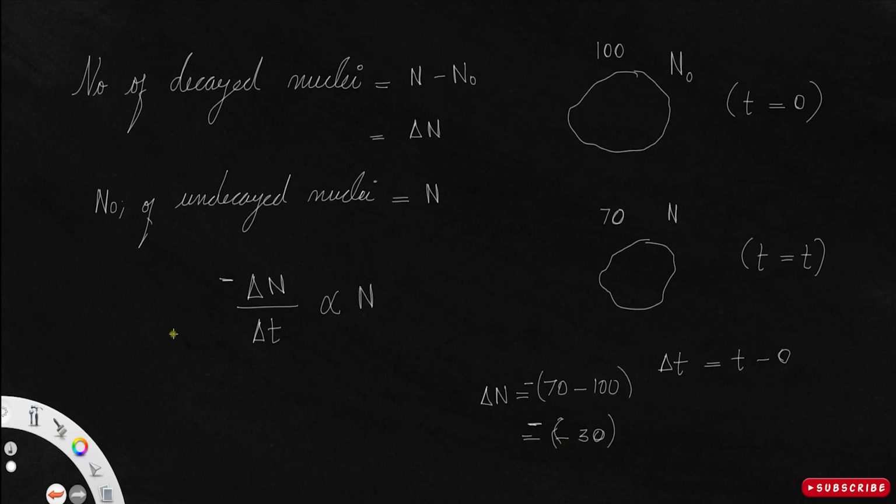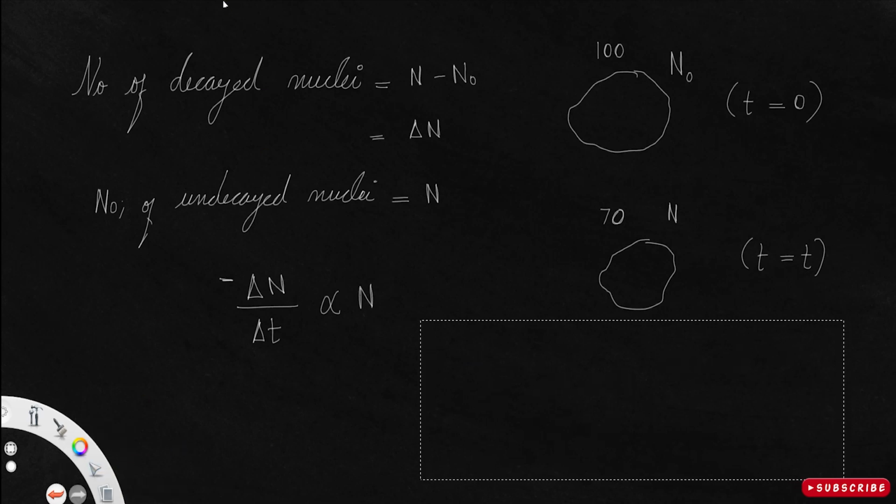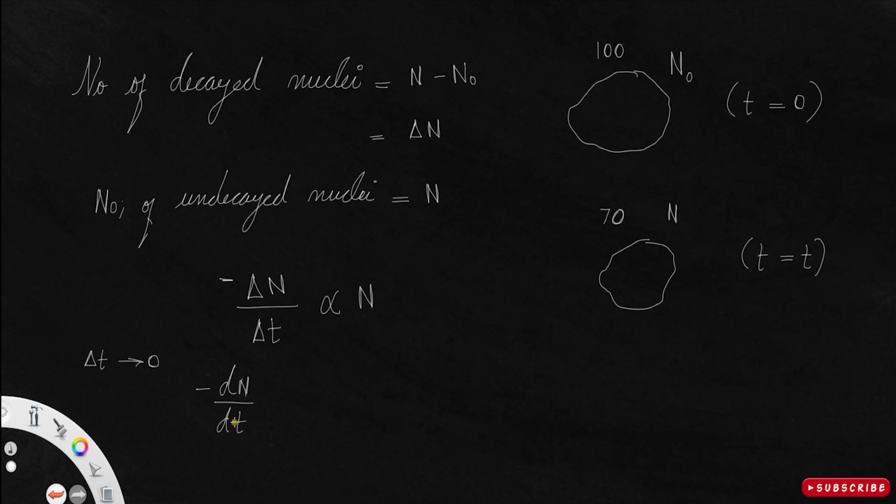Okay. Now, let me erase this. Now what happens when delta t tends to 0? When delta t tends to 0, this can be written as minus dn by dt. This is the limiting case, proportional to n.